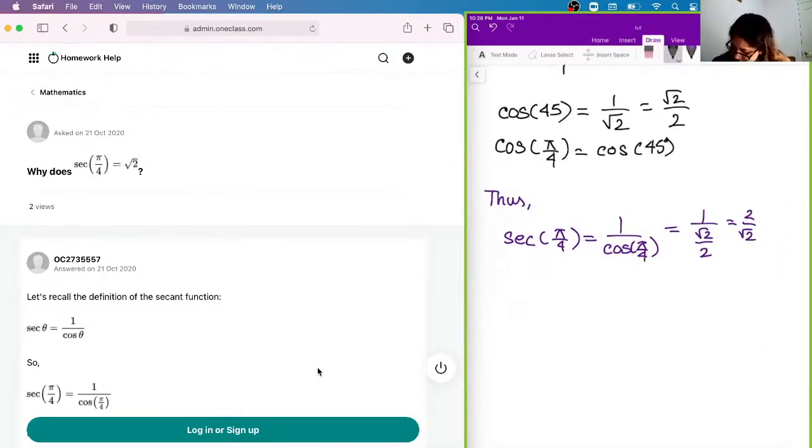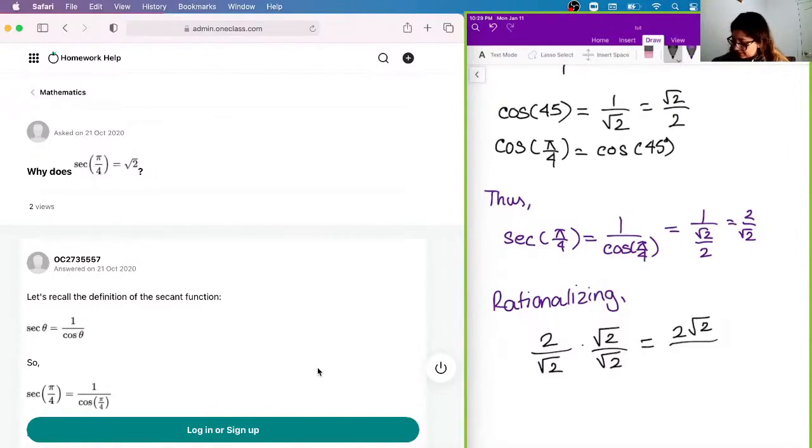So rationalizing what we have, 2 over square root of 2, to basically cancel out the square root of 2 in the bottom, we multiply the square root of 2 with the numerator and the denominator. And what we have is 2 square root of 2 on top.